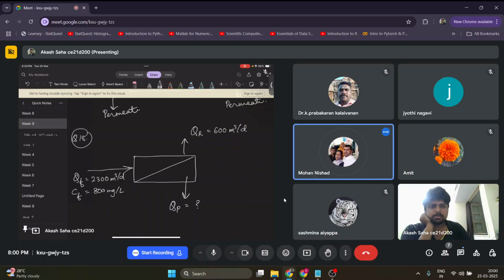See, around 2300 water is coming and 600 goes into the retentate. So the rest of the water has to go somewhere, right? It will be coming out as permeate only.